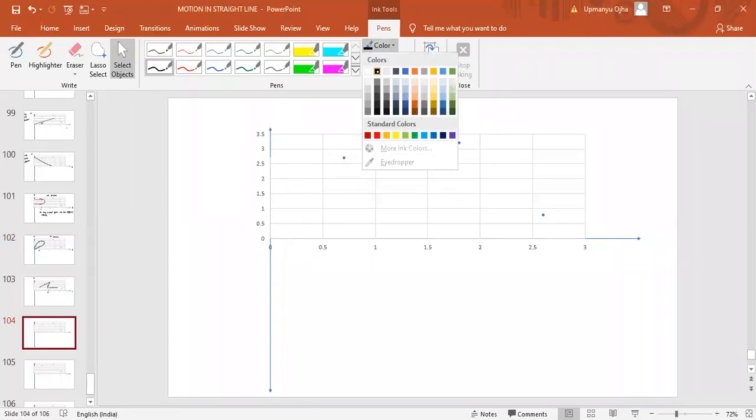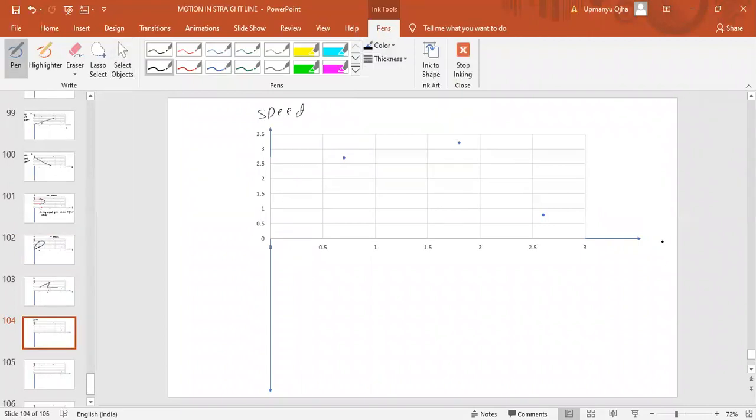Next, if I draw a speed versus time graph like this, is this graph possible? This is a speed and time graph. Is this graph possible to us? Yes or no? No. Why? Speed cannot be negative. Very good.